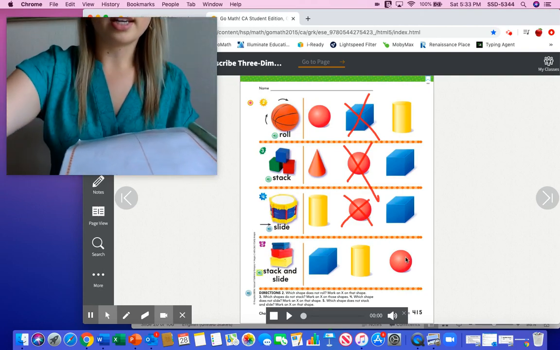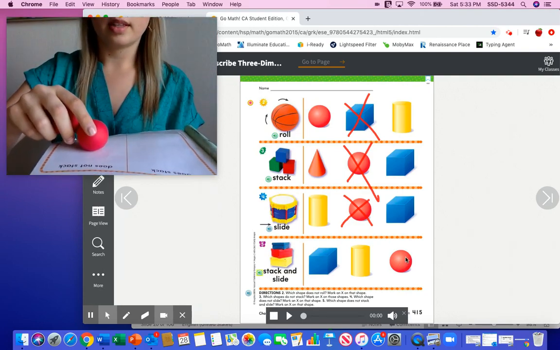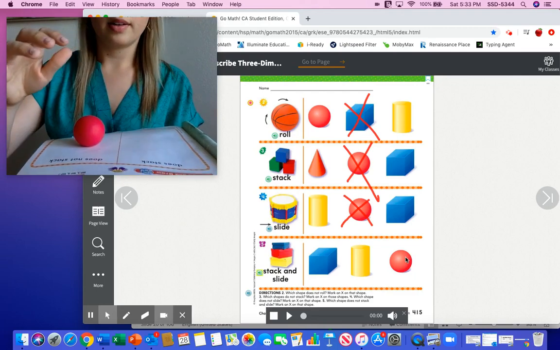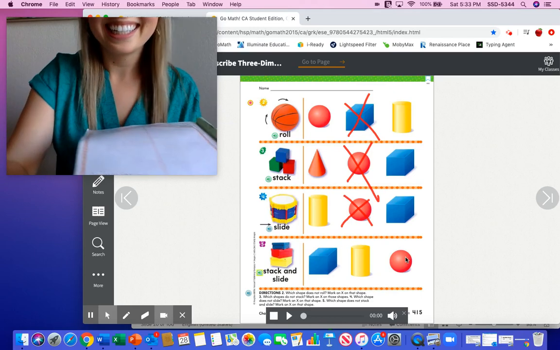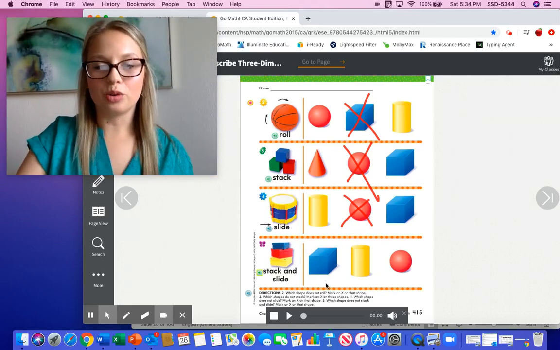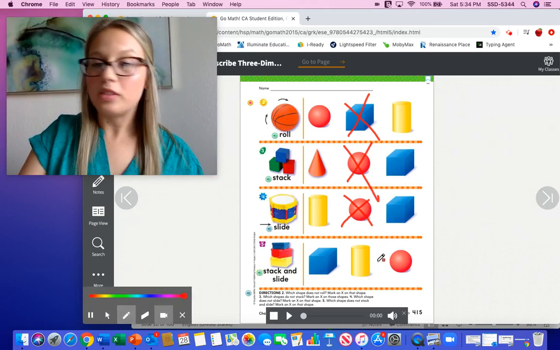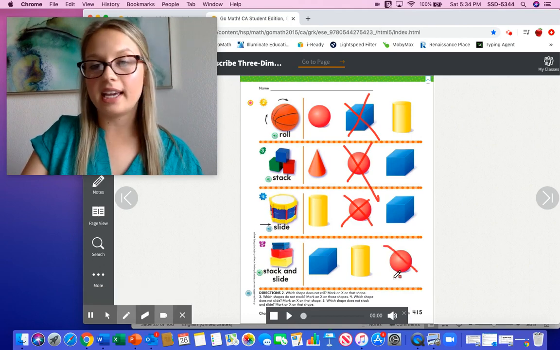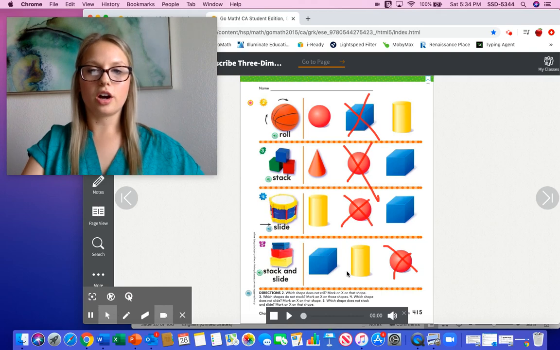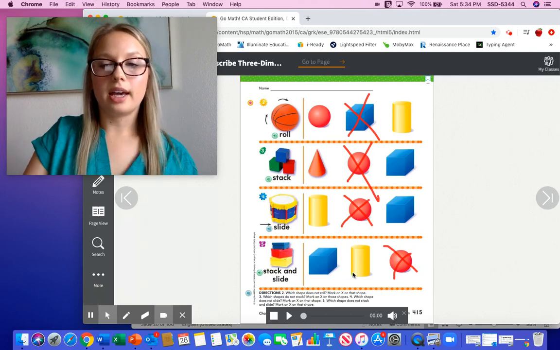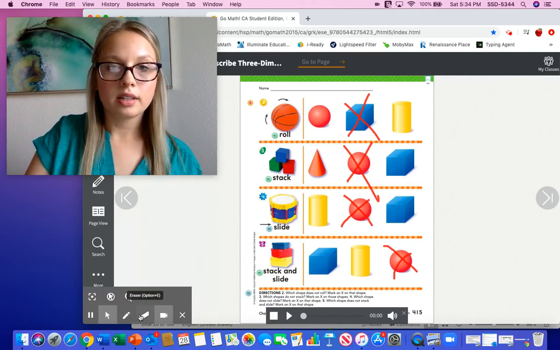We're going to see if it can stack and slide. Stack? Nope. Stack and slide? Nope, not quite, right? They just rolled off the table. Okay, so that one can't work. So we're going to put a big X. Does not work. Great job.